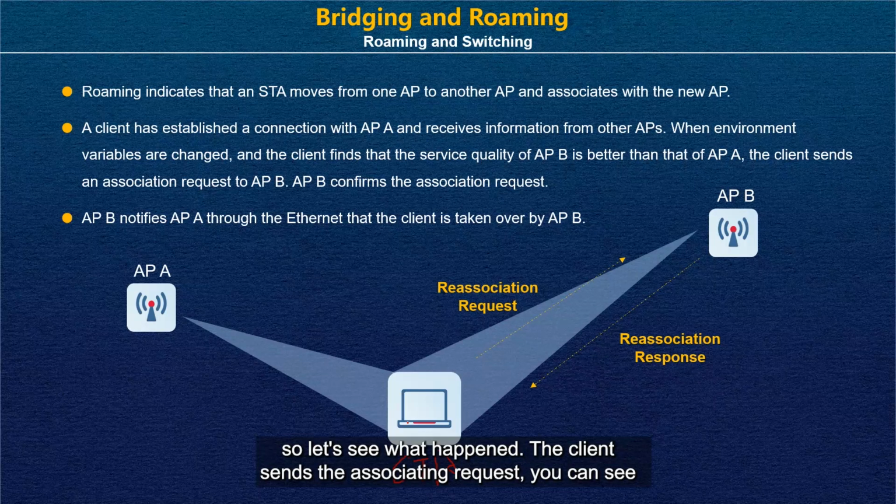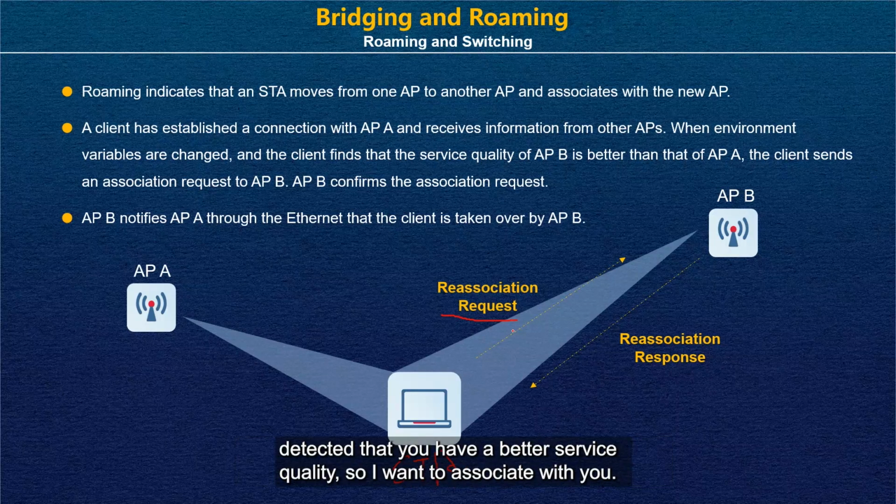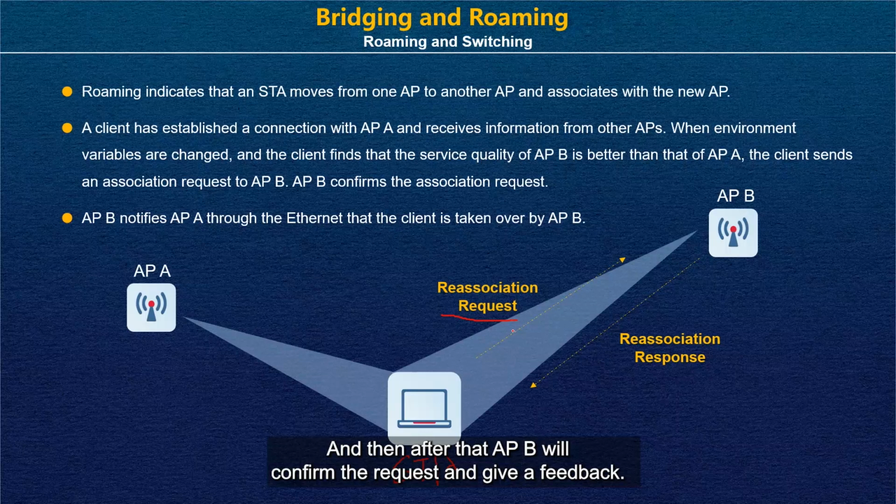So let's see what happened. The client sends an association request. You can see this is a reassociation request sent from the STA to APB to tell APB that, okay, I have detected that you have a better service quality, so I want to associate with you. Then APB will confirm the request and give feedback.